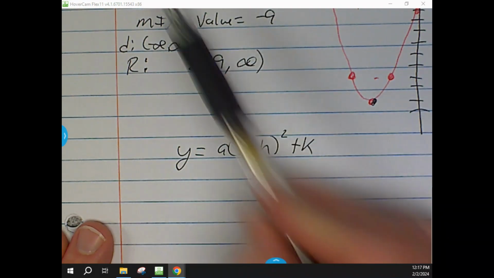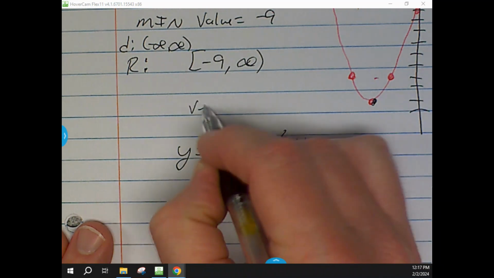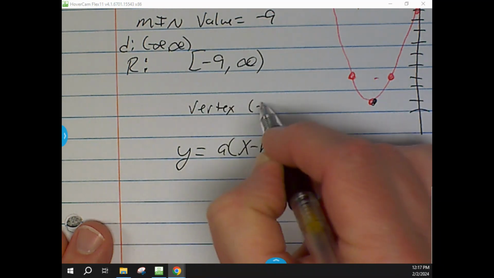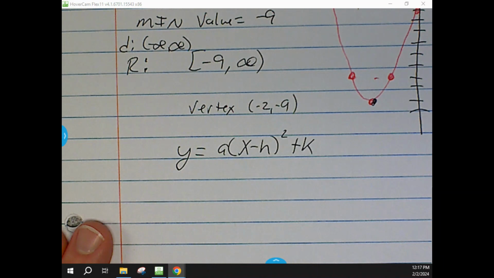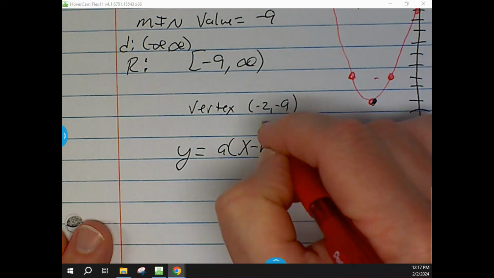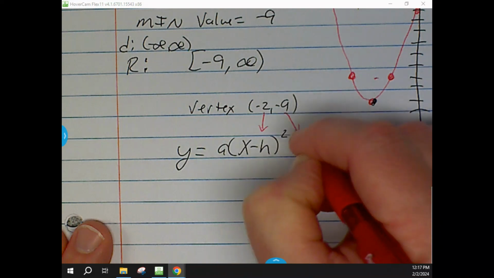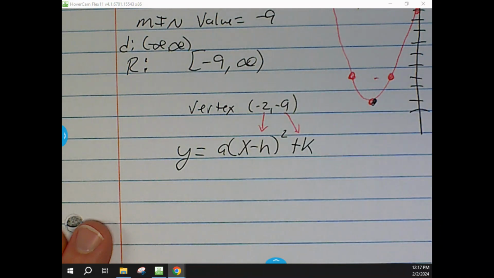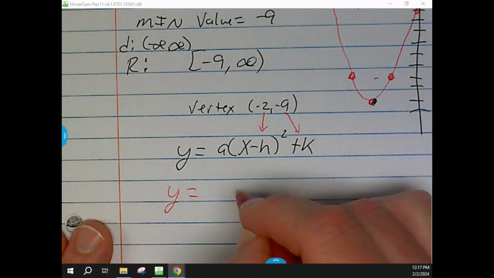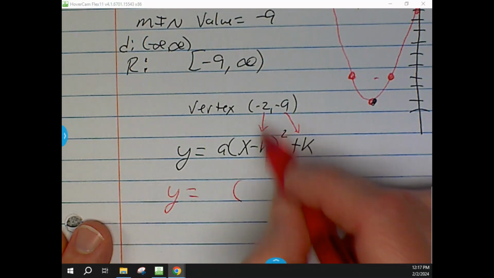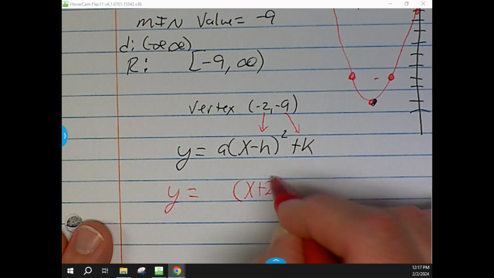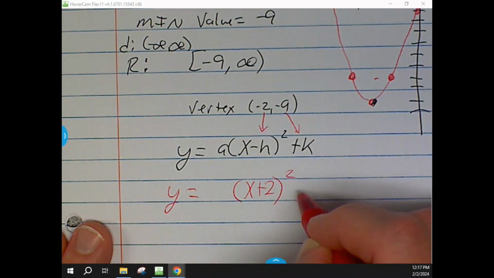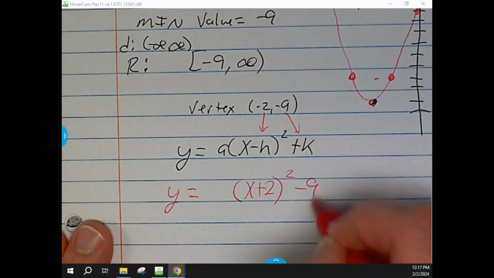So when the vertex was at -2, -9, we're going to plug that number in here for the h and that number in there for the k. So that's x minus -2. That makes it x plus 2. And then that's a -9, so that'll make it there.